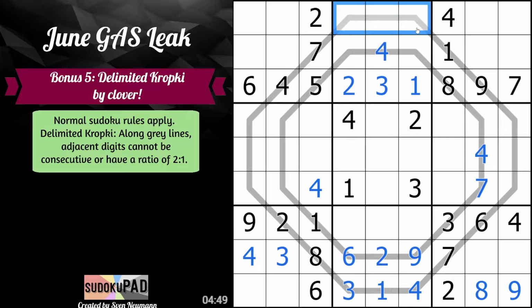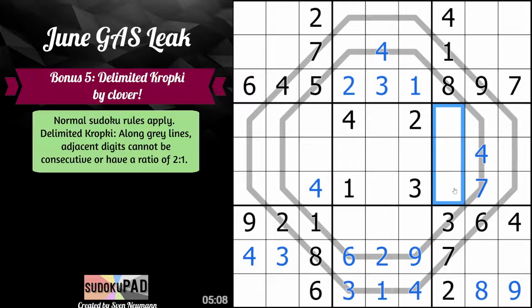I guess 5 we know we'll have to go in one of these three cells. Does that really help us though? Not really.